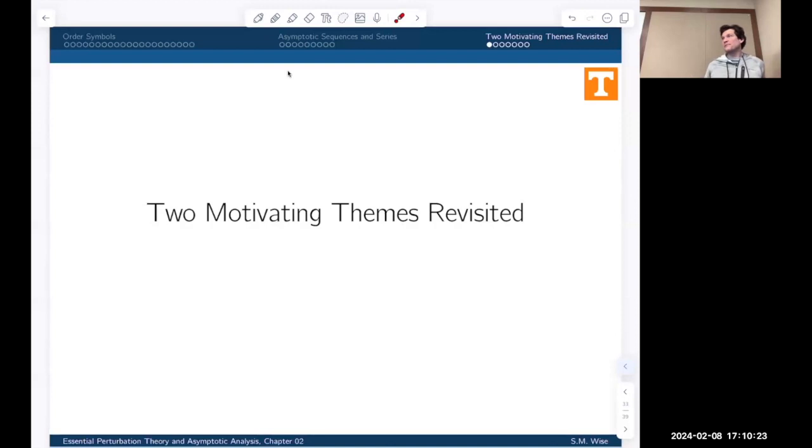I'll fill in more details about those problems in the next section, in the second slide deck. So let's first attack the first two problems I mentioned: the Stirling's approximation problem and the asymptotic expansion of the integral with a large parameter.